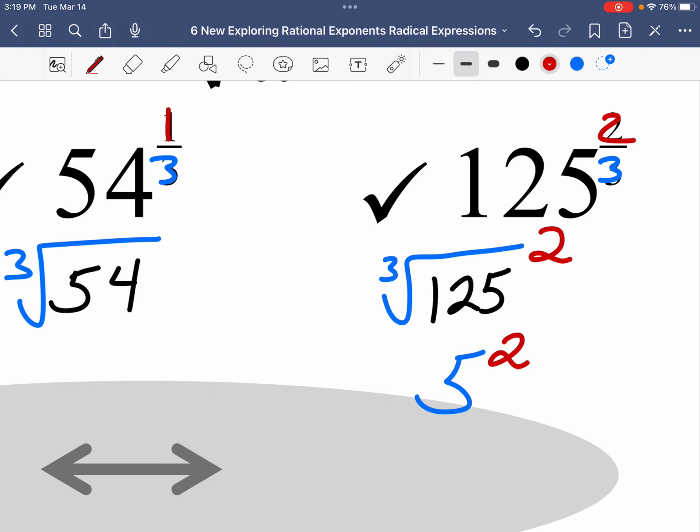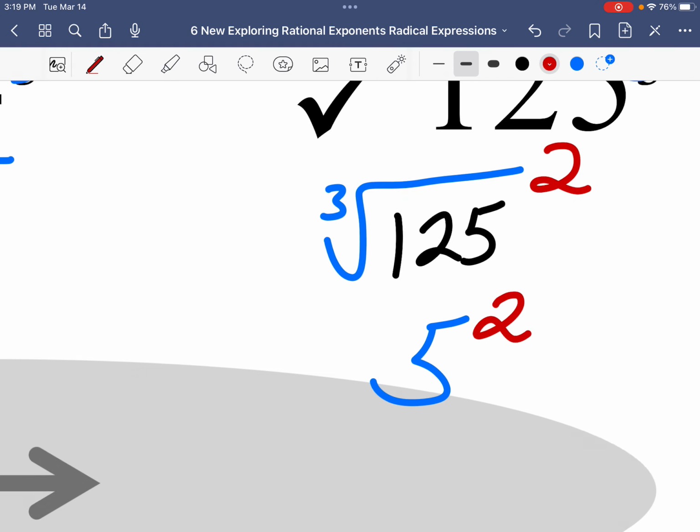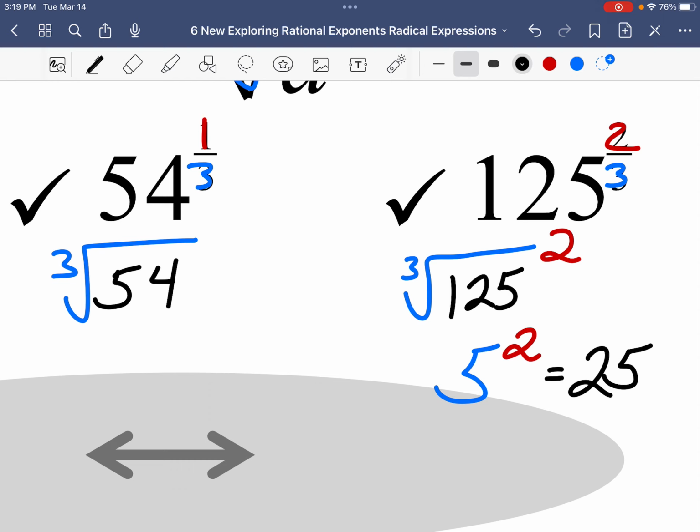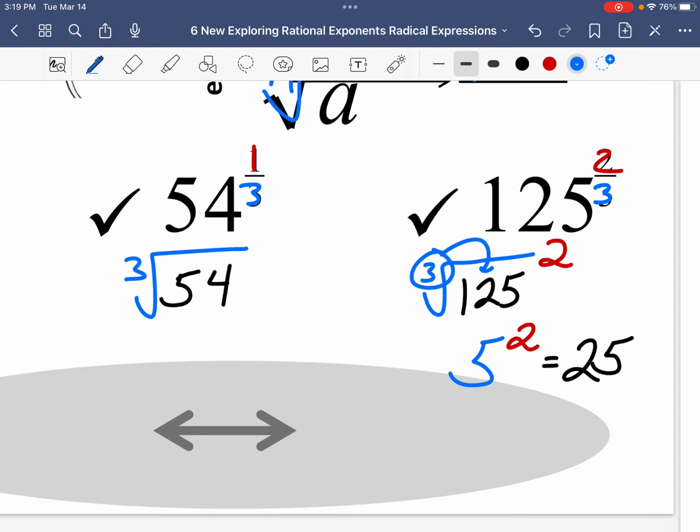So now that I was able to simplify it to be 5, then I can do 5 squared. You can do 5 squared. That equals 25. So it's an interesting problem because, honestly, you can break it down into 3 numbers that give you 125, and then it simplifies the whole way to 25.